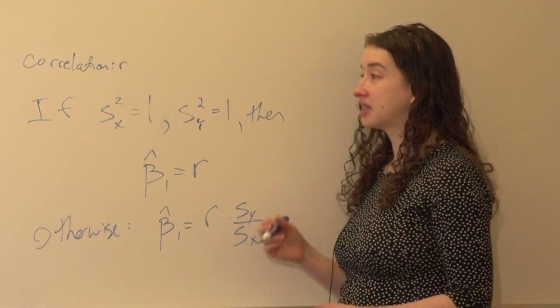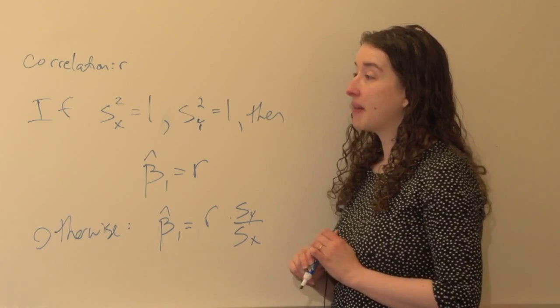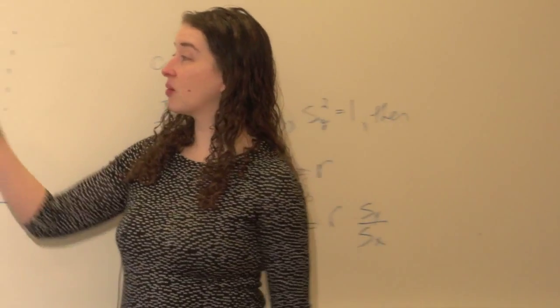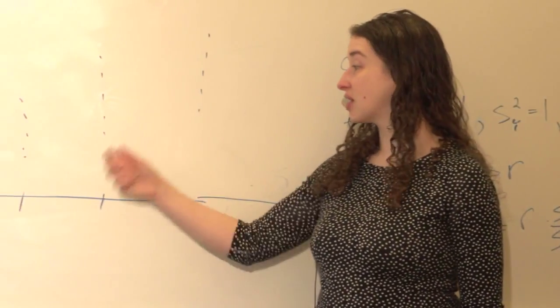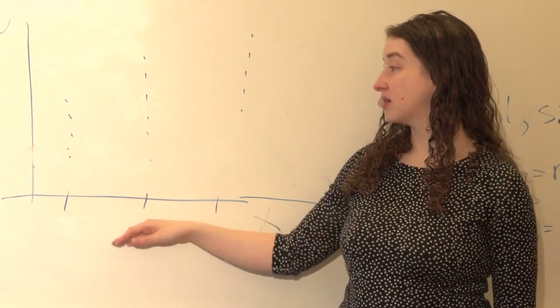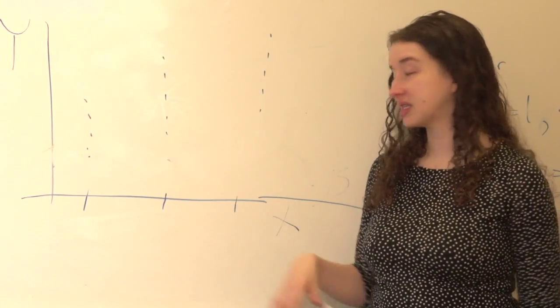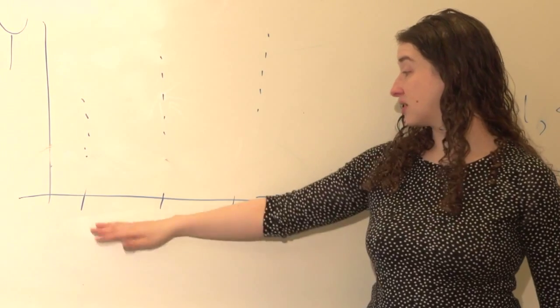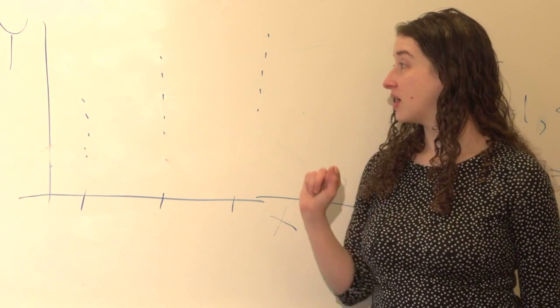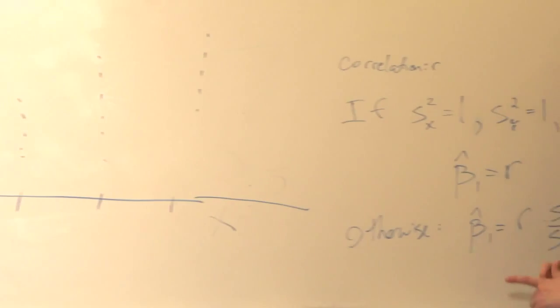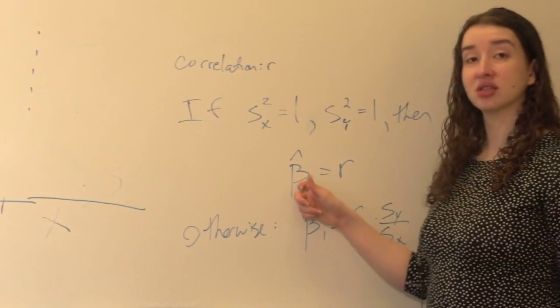So another way to think about this is, suppose I started out by representing my x's and my y's in terms of standard deviations so that they both have variance 1. Suppose I standardize my data set so that the variance of the x's is 1 and the variance of the y's is 1. Then I calculate the correlation, and that is just the slope.